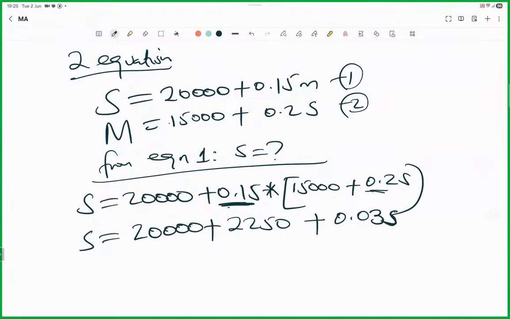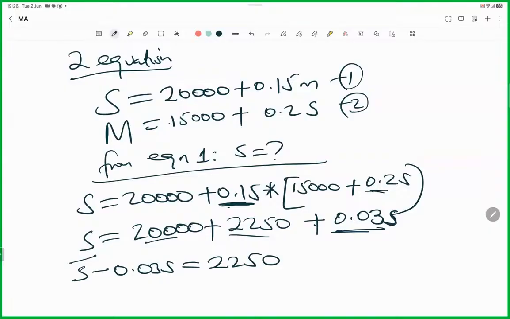So from there we put like terms together, those terms that love each other, the S's. Here it's a plus, on going to the other side it becomes a minus.